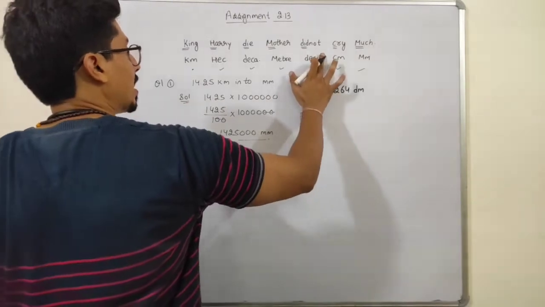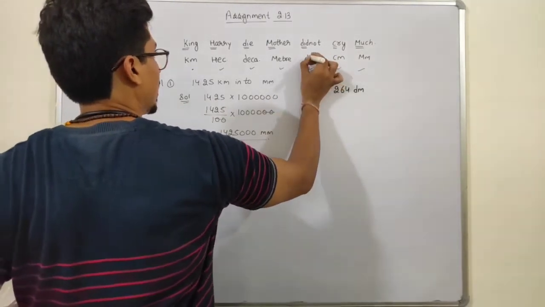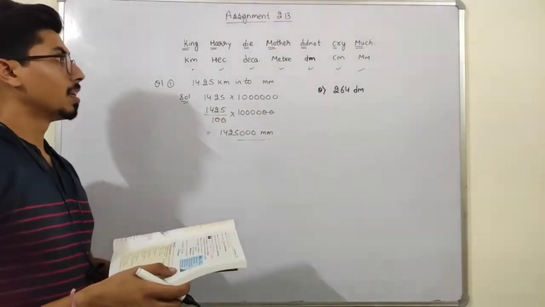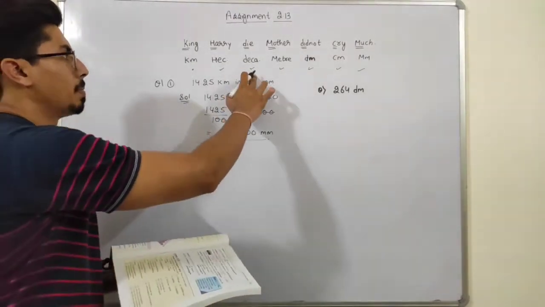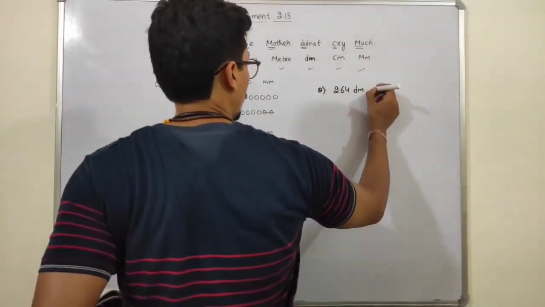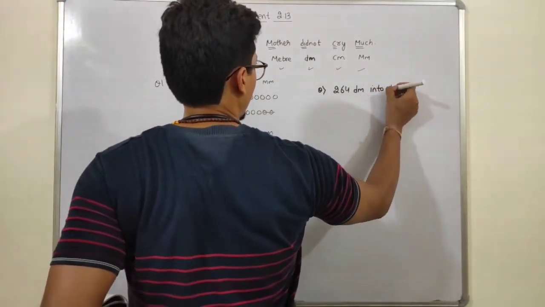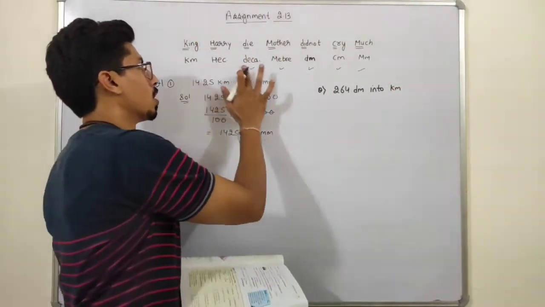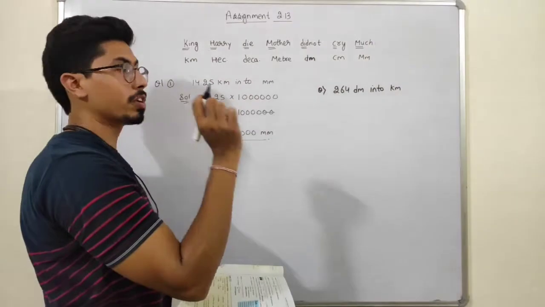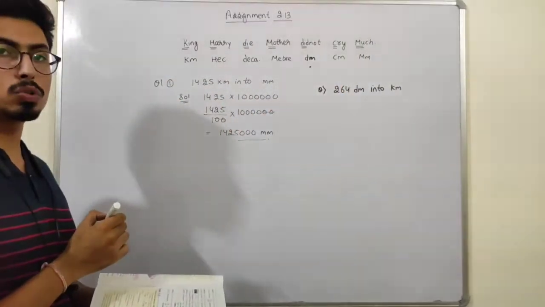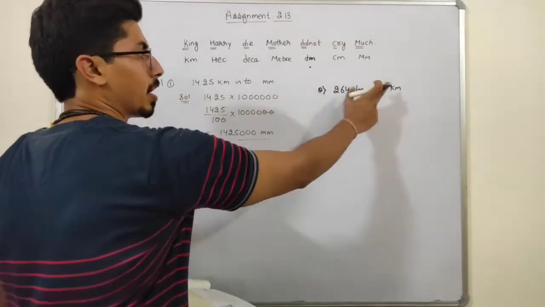See, decimeter can be written as this, dm, and deca can be written like this. So 264 dm into kilometer, students. So 264 decimeter. That means we are here now, and from here into kilometers.